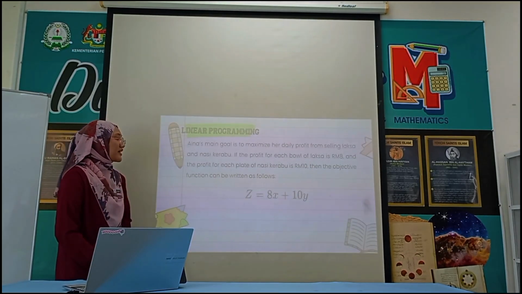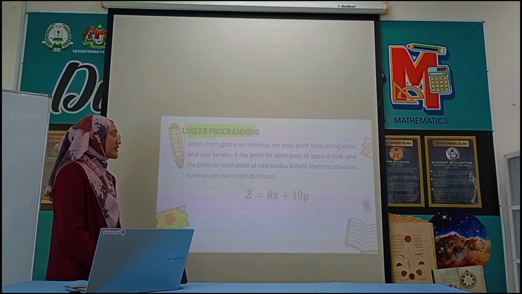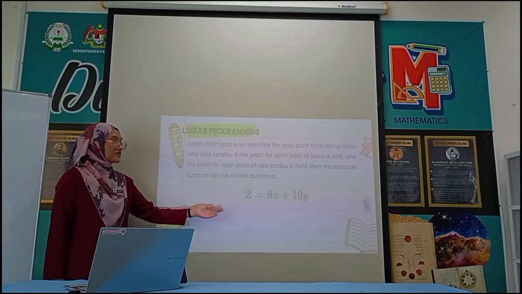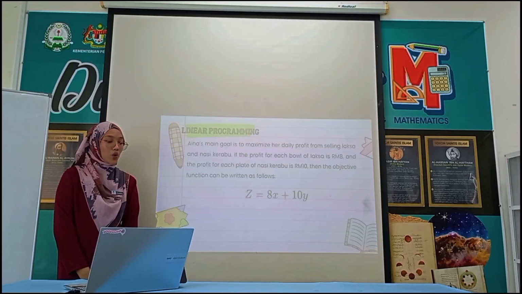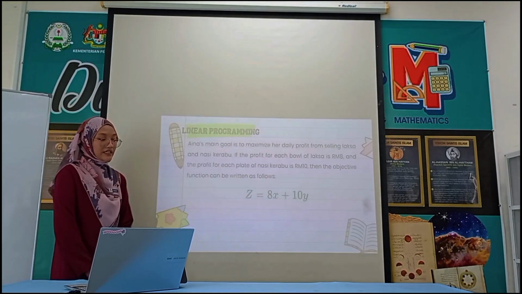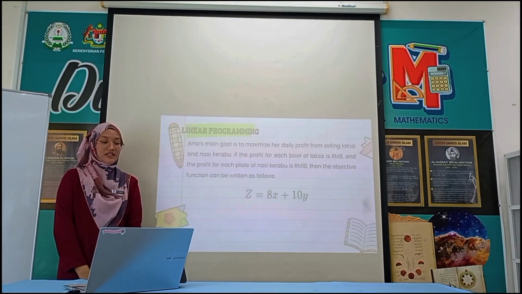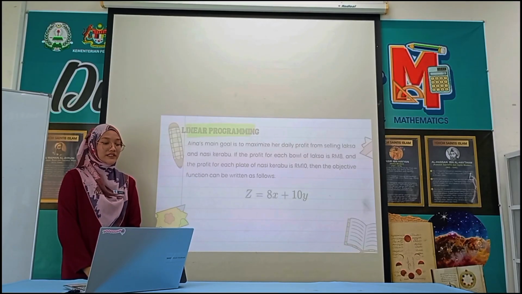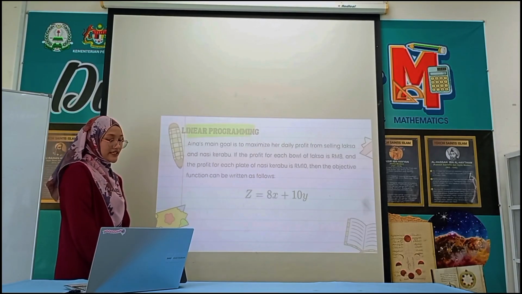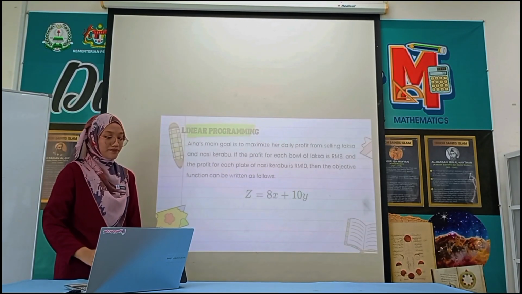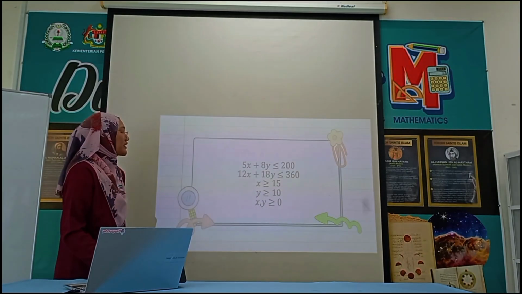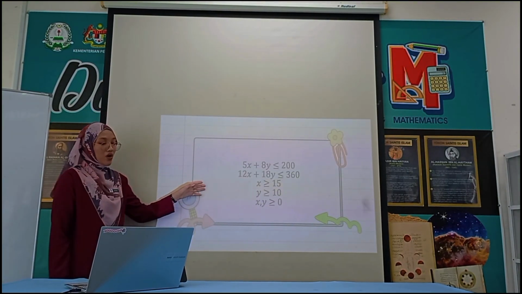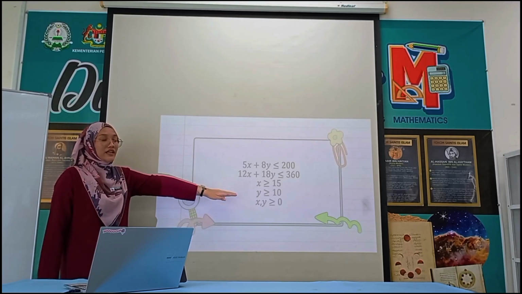The objective function can be written as z equals 8x plus 10y, where x represents the number of bowls of laksa and y represents the number of plates of nasi kerabu. This objective function is subject to all of these constraints.